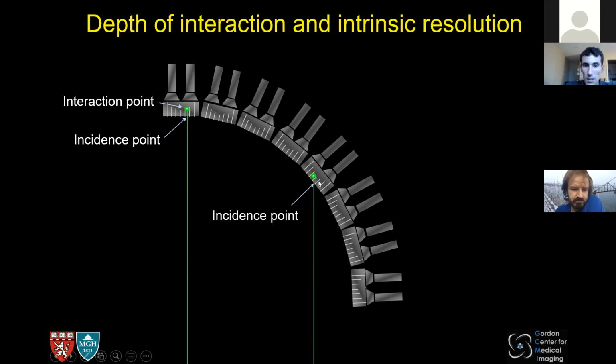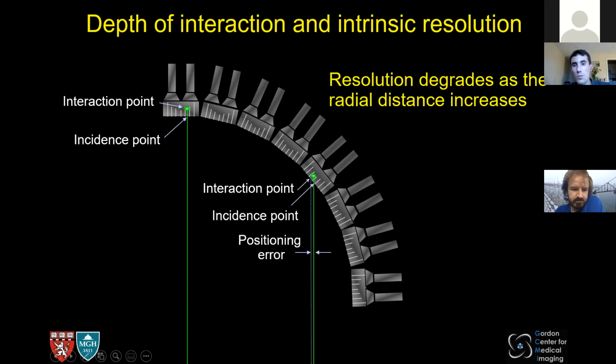So this is the incidence point here, located in this crystal, and the interaction point is actually going to be located in the neighboring crystal, okay? So that is going to lead to a positioning error towards the edges of the field of view. And the further away you go from the center, so the more oblique your photons hit the crystals, the worse this effect is going to be. And that is what is going to create a spatially dependent resolution in PET.